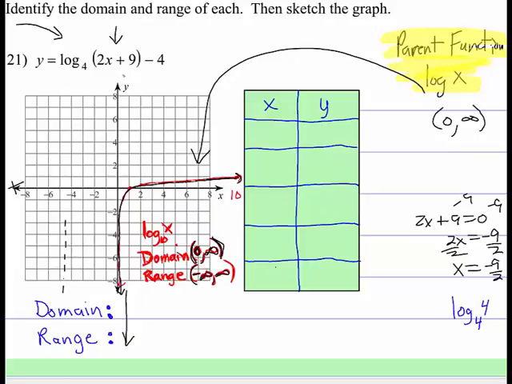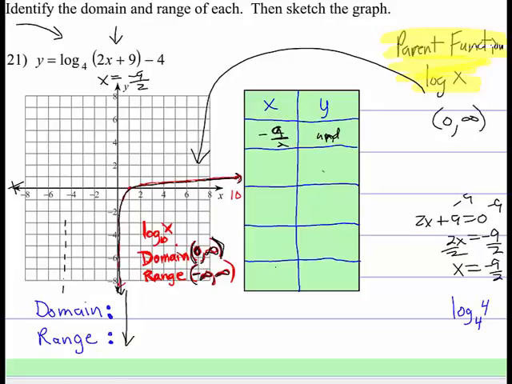The other way to think about this, if you're trying to find x, is just cover up the 2 for a minute. The opposite of 9 is negative 9, but then put a fraction bar. The opposite of multiplying 2 is divide 2. So that's a way to think about it. So we know that if we put in negative 9/2, it's going to be undefined. That's the lowest value, and still that's undefined, but it'll never cross negative 9/2.